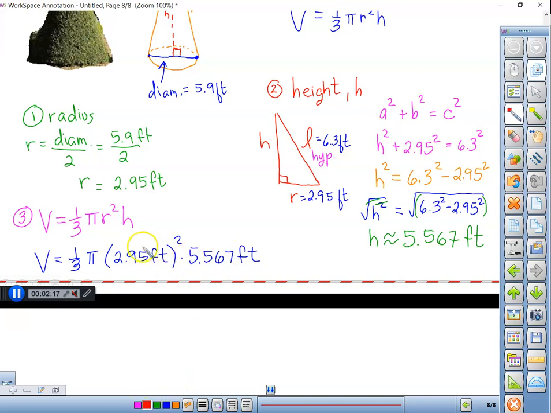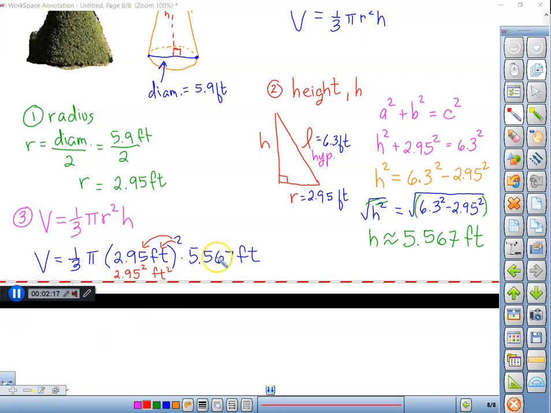Again, I am not going to figure out this 2.95 squared separately. Remember, we are squaring the 2.95 as well as the feet. So in my calculator, because I've got these rather extended decimals, what I'm going to do is pi times my 2.95 squared times my 5.567, and then I'll divide by 3 for my times 1/3.